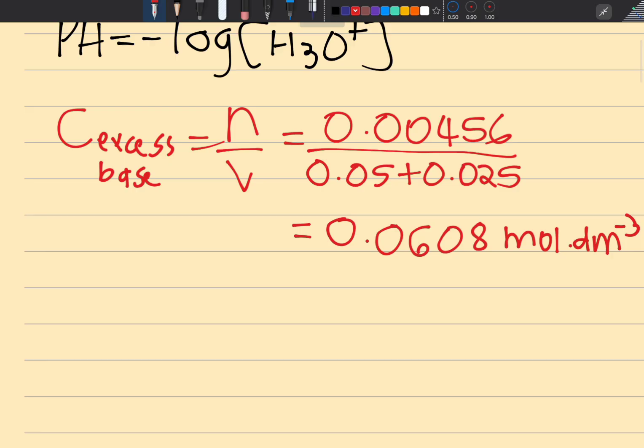Now, the excess base is Mg(OH)2. They said it is soluble, and when they said soluble, it means that it is able to dissociate. It can dissolve nicely in an aqueous solution.